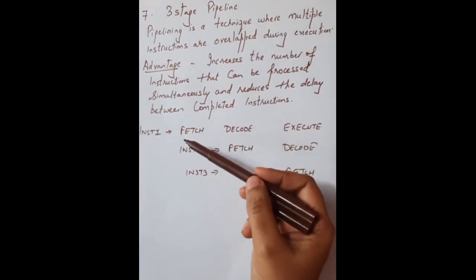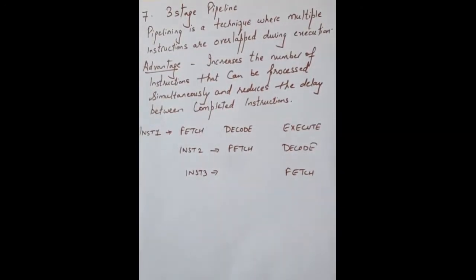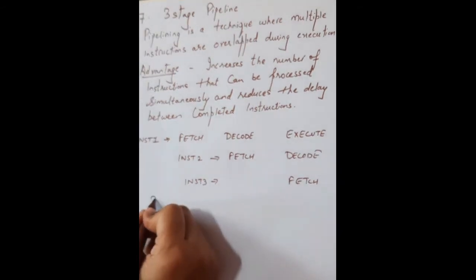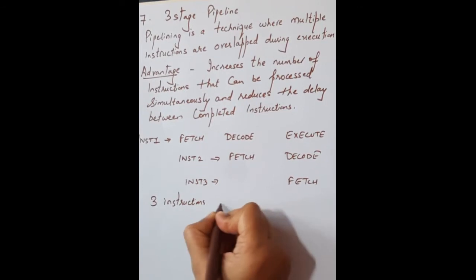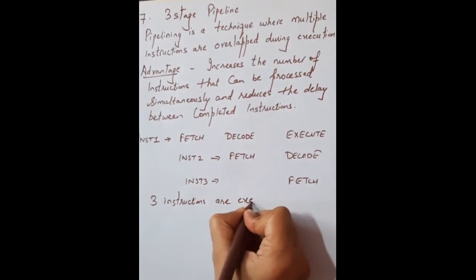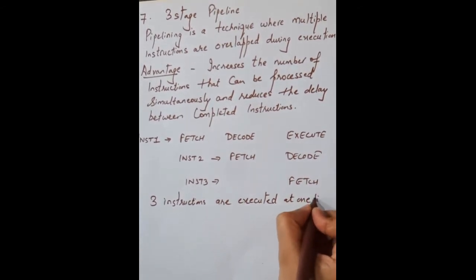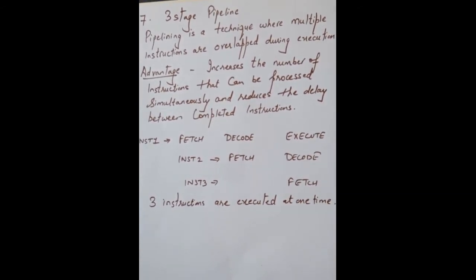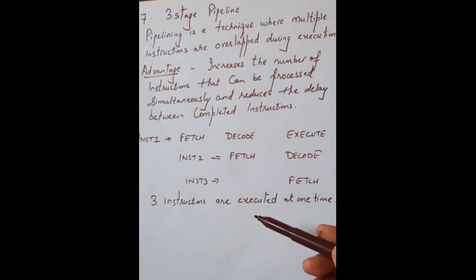So 3 instructions are executed at one time, which makes the ARM7 processor faster as compared to other processors. So this is a 3-stage pipelining because 3 instructions are executed at the same time.